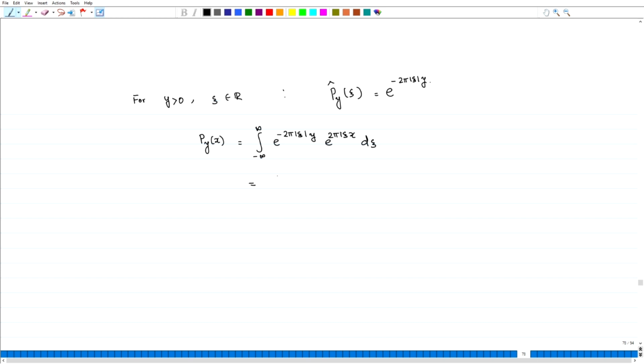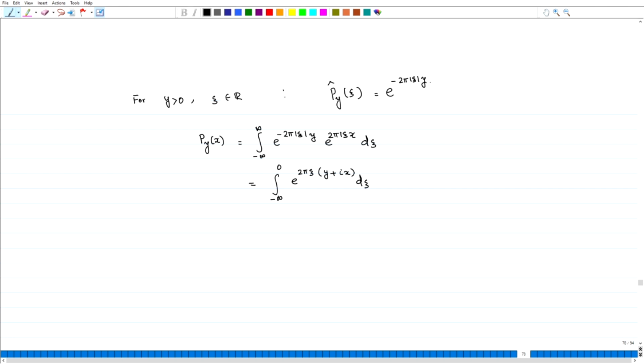Because there is an involvement of the modulus of xi, it is wise to break this integral into the negative part, negative xi, and the positive xi part. So, we get the integral from minus infinity to 0 of e to the power 2 pi xi (y plus i x) d xi.